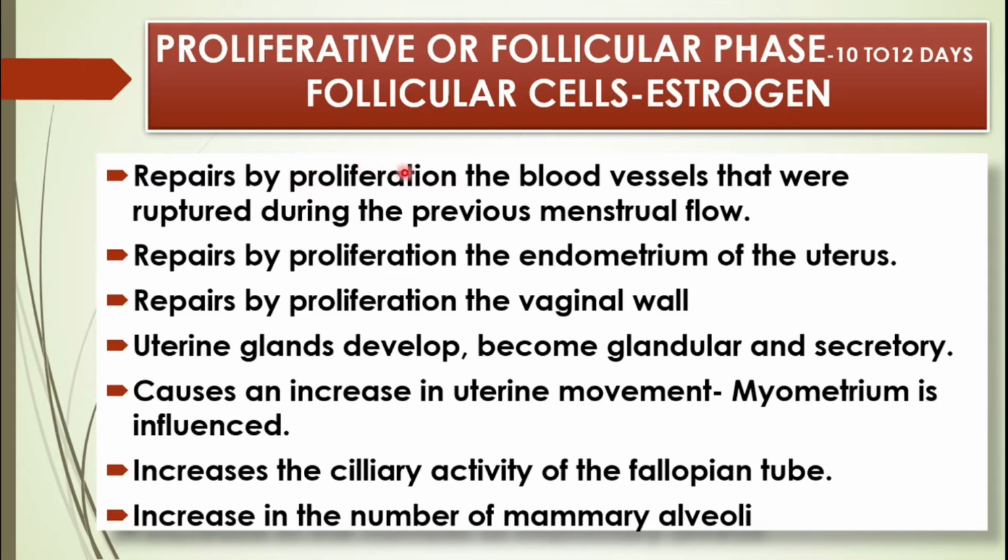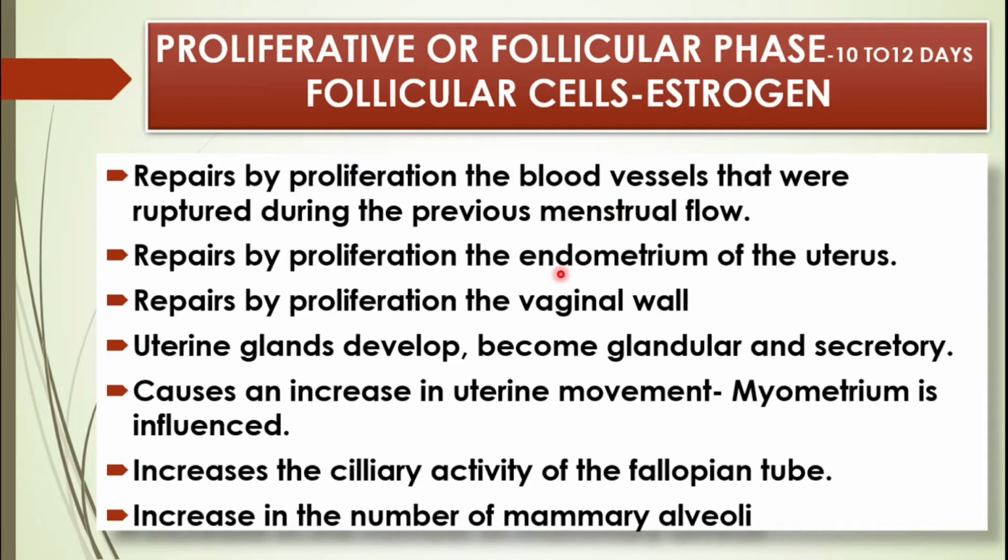So there is quick division of the cells, and this division of the cells repairs all the blood vessels which were ruptured during the previous menstrual flow. So that's the first change.